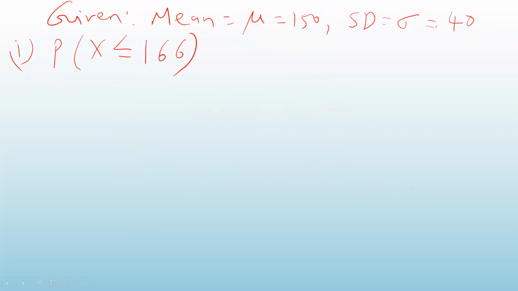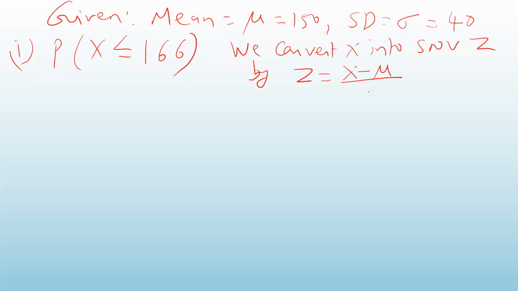So as you know, in normal distribution we convert the variate x into the standard normal variate. By what transformation? Z equal to x minus mu upon sigma. Mu is 150 and sigma is 40.